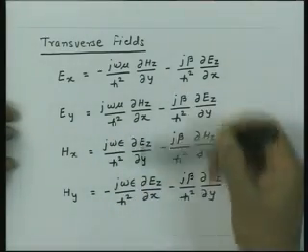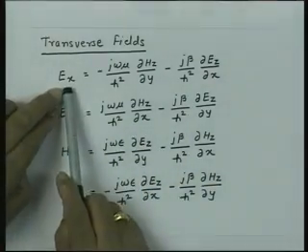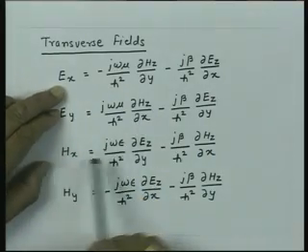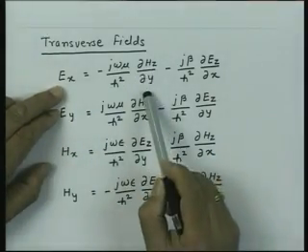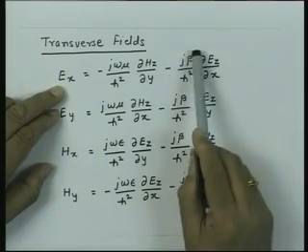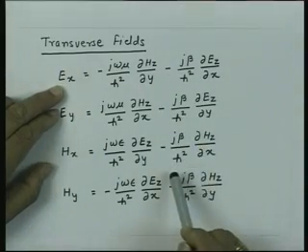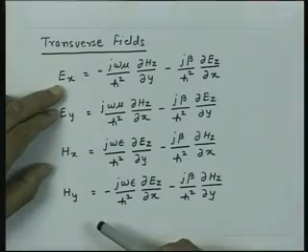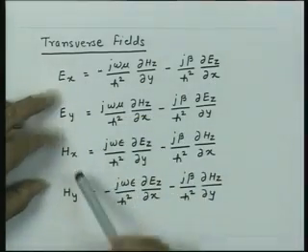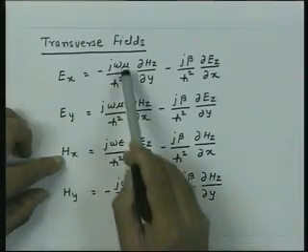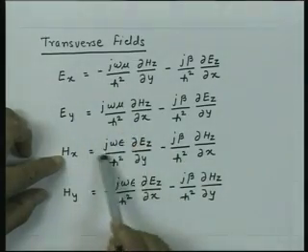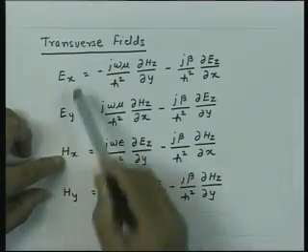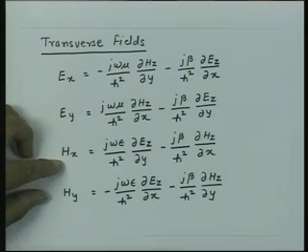These expressions are quite symmetric, in the sense, if I look at Ex here, you have minus j omega mu upon h square dHz by dy minus j beta, where beta is the phase constant of the mode, upon h square dEz by dx. But if I compare these Ex and Hx, essentially if minus j omega mu is replaced by j omega epsilon and Hz is replaced by Ez, you get the expression for Hx.